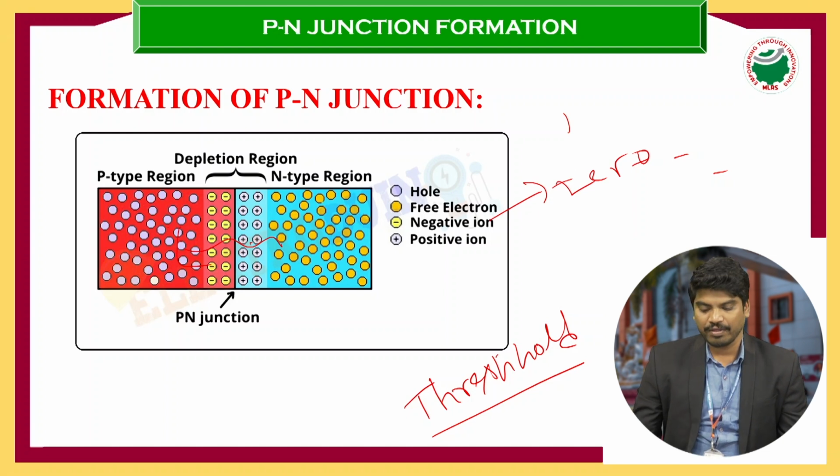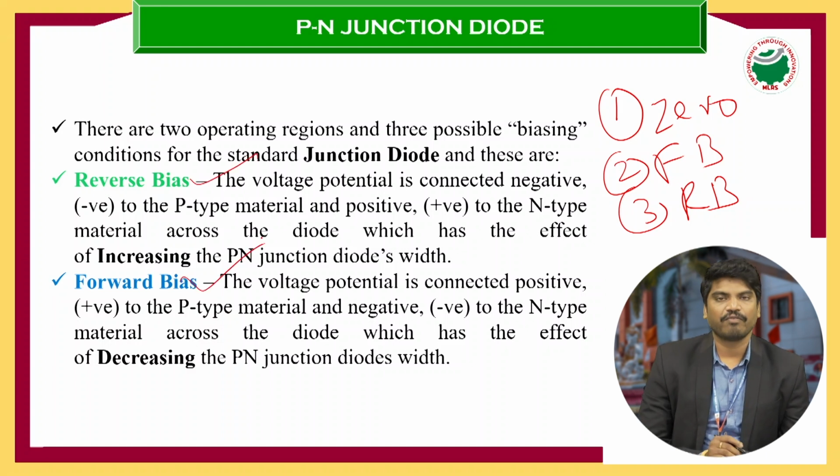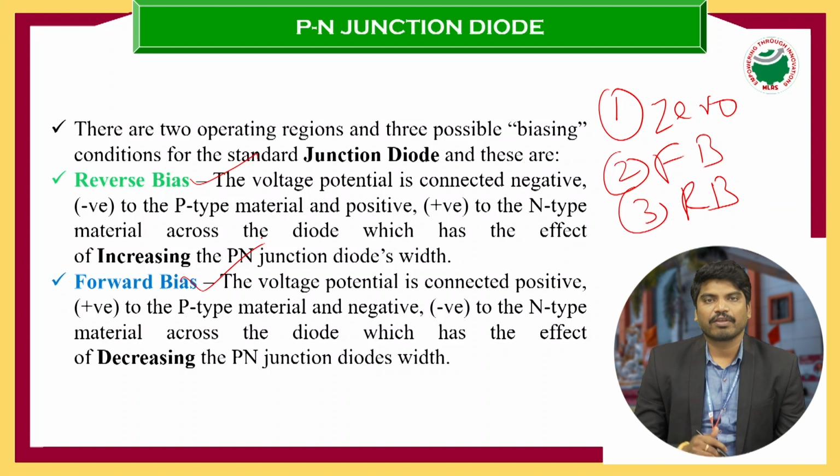Then what are the other biases? One is forward bias, another is reverse bias. We are going to learn what forward bias is, what reverse bias is, the use of each, and their characteristics.